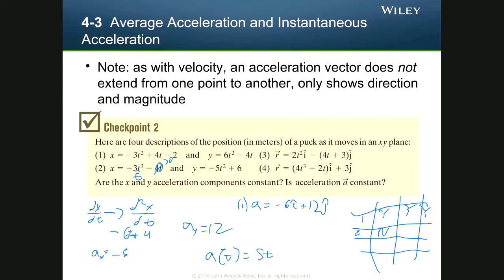Because it has a third-degree polynomial. So you could say yes for y, right? But then no here, because in order for this to be a yes, both of these have to be yes. Okay? Does that make sense? So try to work out 3 and 4 on your own and see what you come up with.